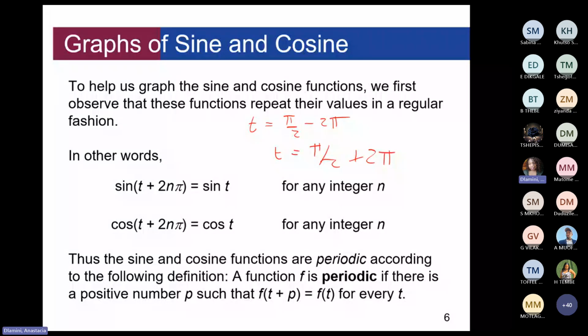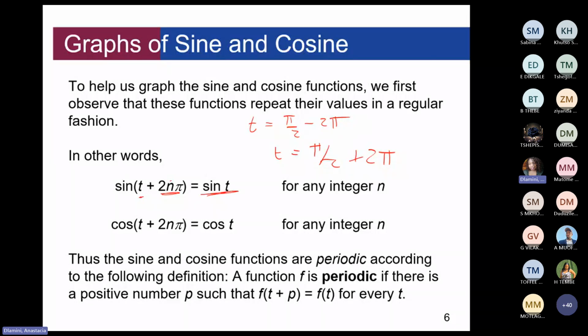So now they say, in other words, if I add t plus 2n pi in such a way that n is an integer, meaning n can be 1, meaning you have added t plus 2 pi, n can be 5, it means that's t plus 10 pi. For any integer, you still get sine t. That's what we talked about in our previous section. Same applies for cos, cos of t plus 2n pi equals cos t.